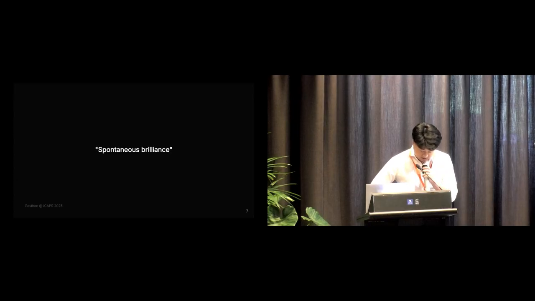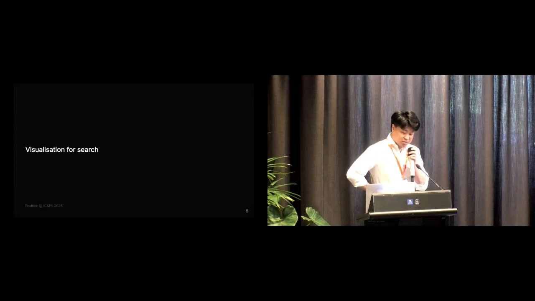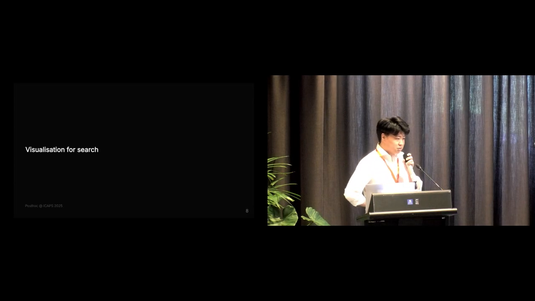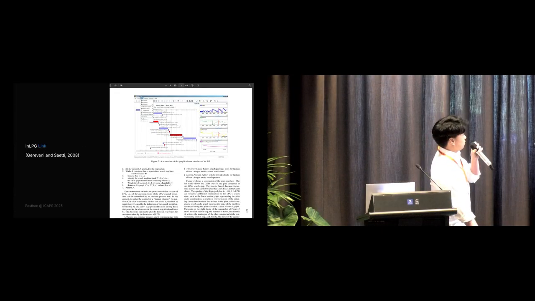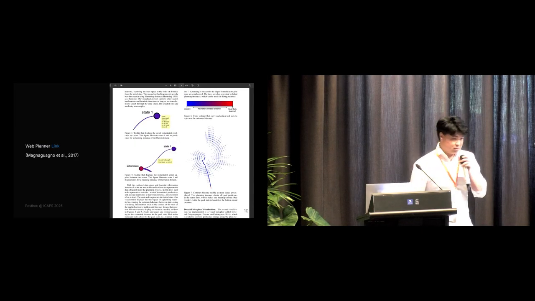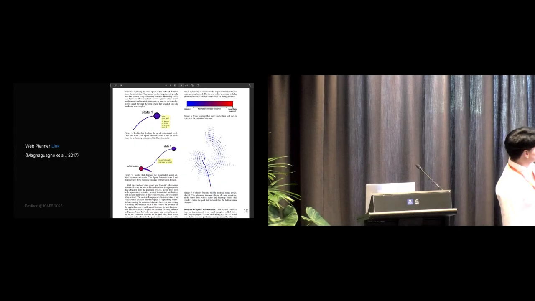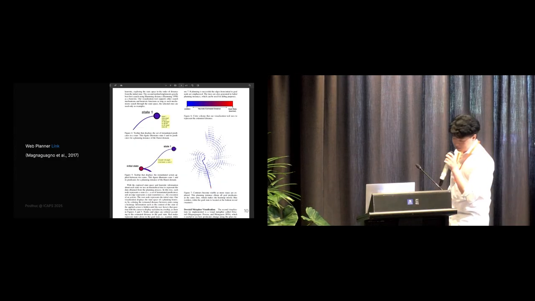So let's get more specific now. In the space of search, people have been working on a bunch of different tools for visualization for all sorts of things. Visualization in the form of charts and plots, visualizations as we might be familiar with, trees, decision trees and planning trees and graphs and all sorts of things.